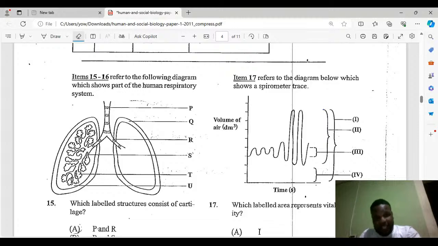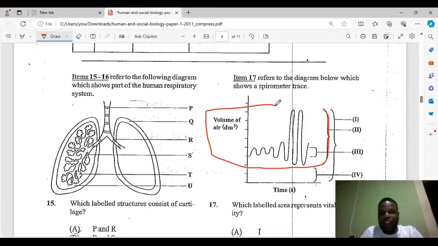So here we can see where it goes up and down, showing you the volume of air. This is the volume of air on this axis, and this is showing you how much you can breathe in. Now if we draw one thing around it, you can see.